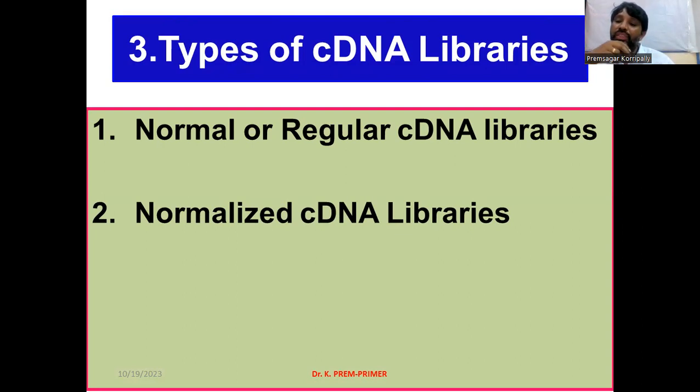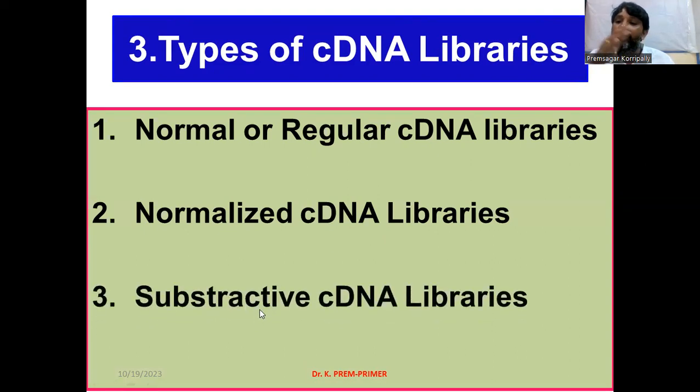So the regular cDNA library is not representative of every gene expressed under that condition. That's why we have to normalize, which means you remove the more prevalent mRNA molecules. Then there is scope to include the poorly expressed genes. That is called a normalized cDNA library. We'll talk about this later.